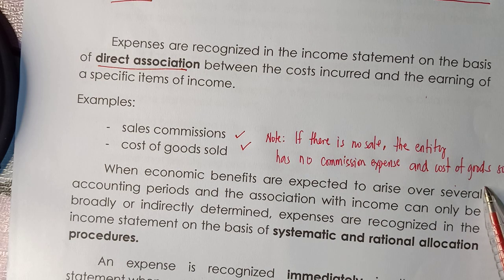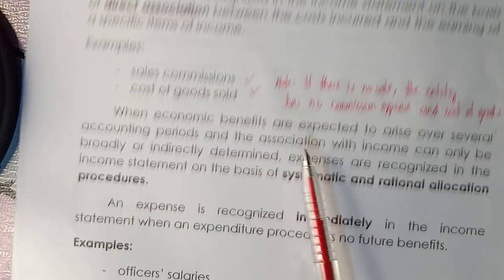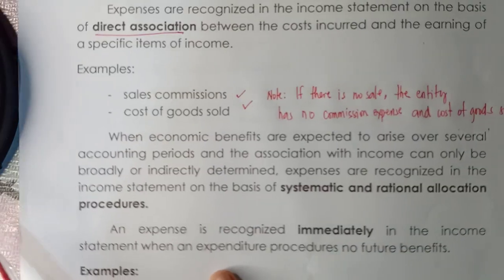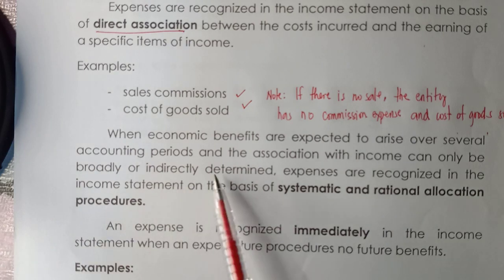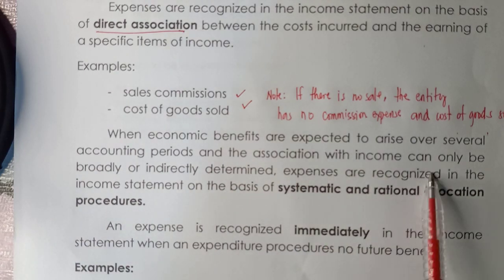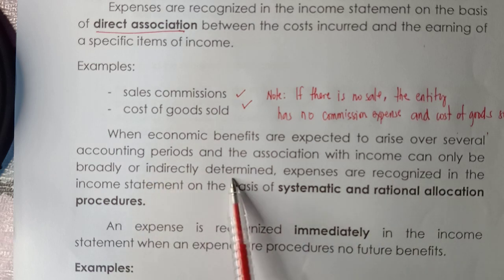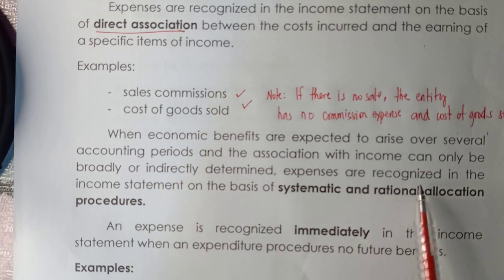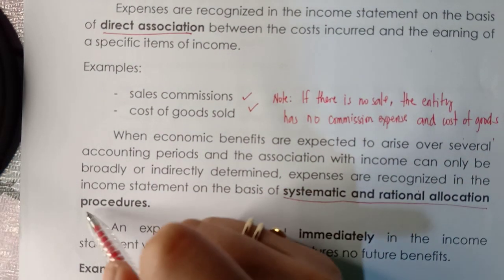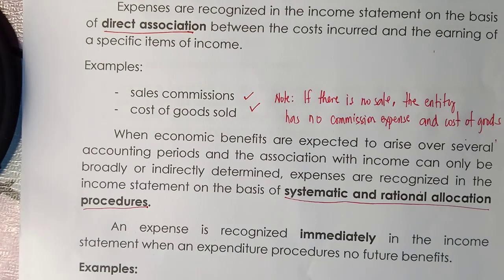So when economic benefits are expected to arise over several accounting periods and the association with income can only be broadly or indirectly determined, expenses are recognized in the income statement on the basis of what? Systematic and rational allocation procedures.